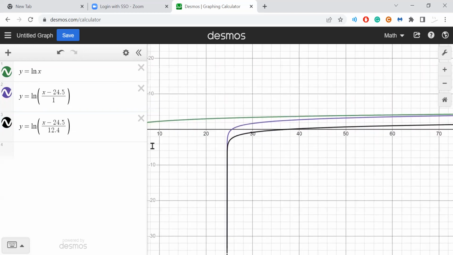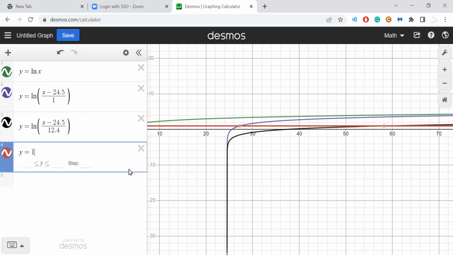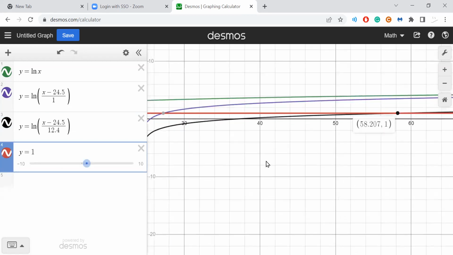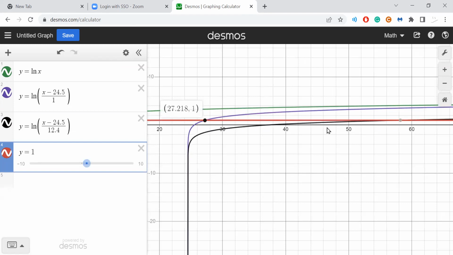Maybe if I just put in y equals 1, you can see. Here is 27. The purple and black graph. Can you see that it goes from 27.218 to 58.207? What happens if you divide them? 58.207 divided by 27.218.